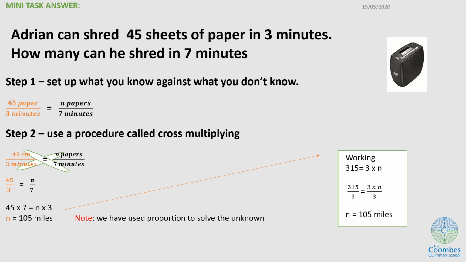So 315 divided by 3 will give me 105. And 3n divided by 3 is 1n, which is here. So my 1n, or n, is 105. So that means the number of sheets to be shredded will be 105.